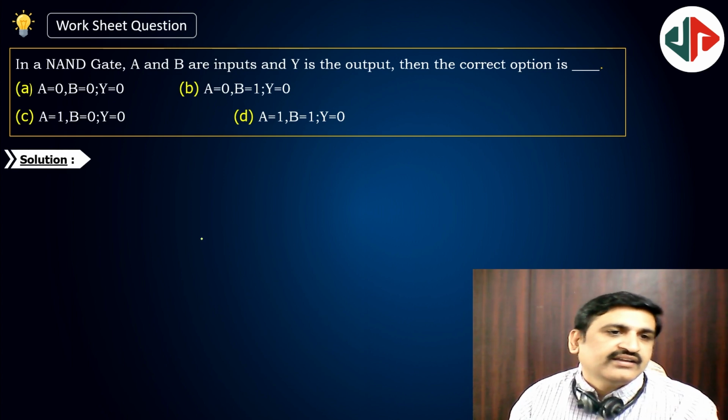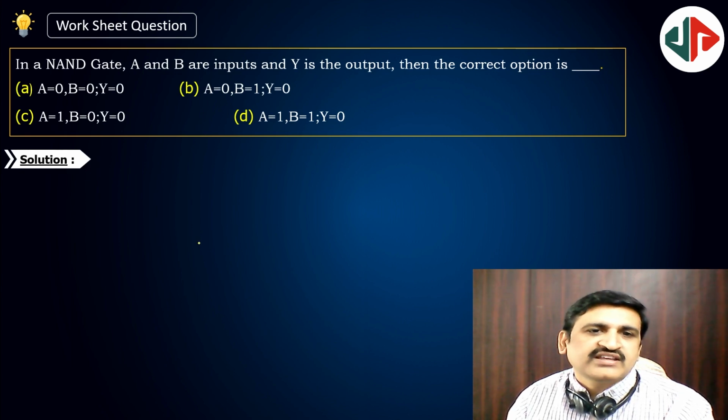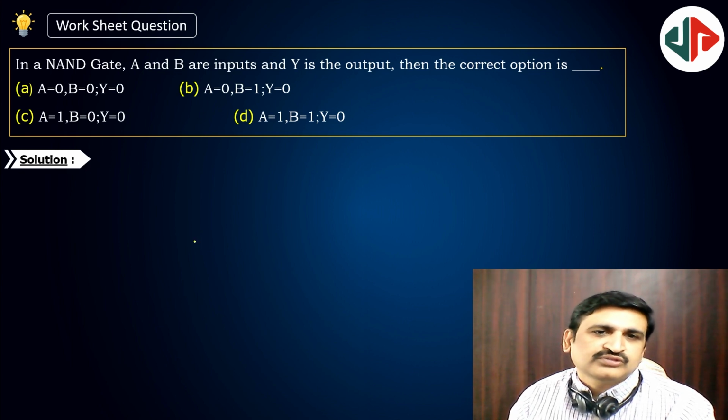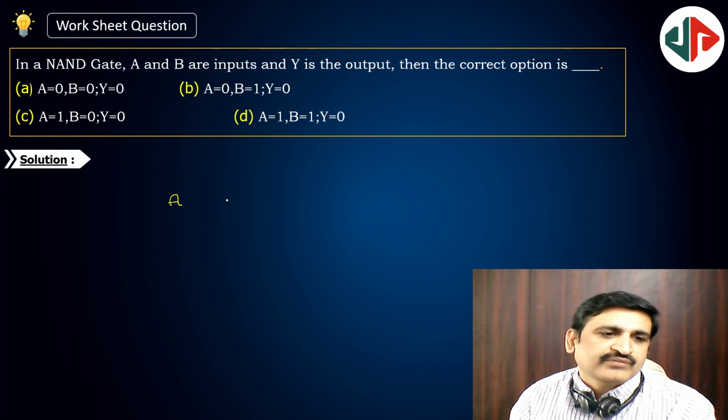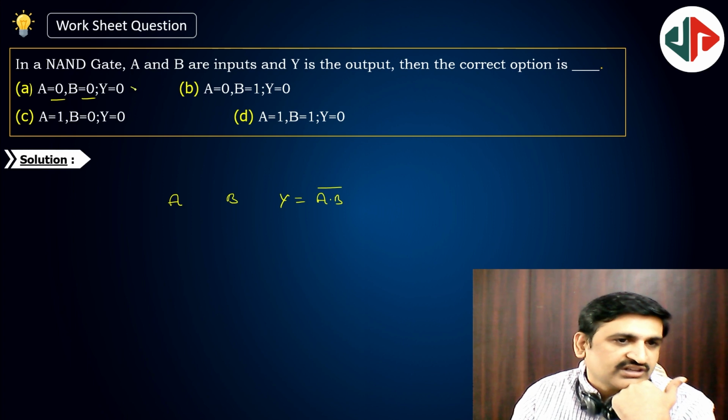And then NAND gate, A and B are inputs and Y is the output. Then the correct option is A, B, Y. Y is equal to NAND, A dot B bar. For A, B as 0, 0, AND will be 0 and output should be 1. So it's wrong.